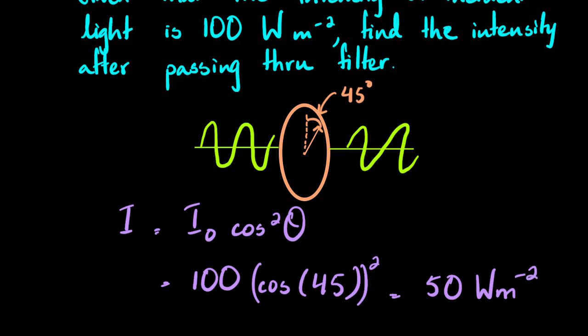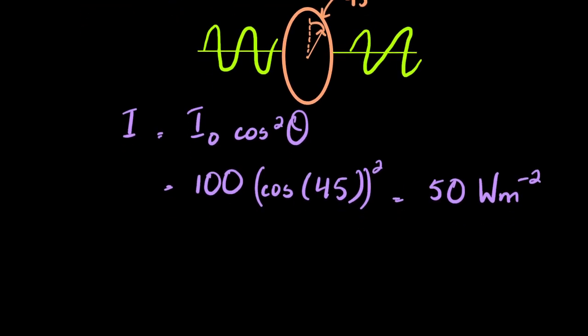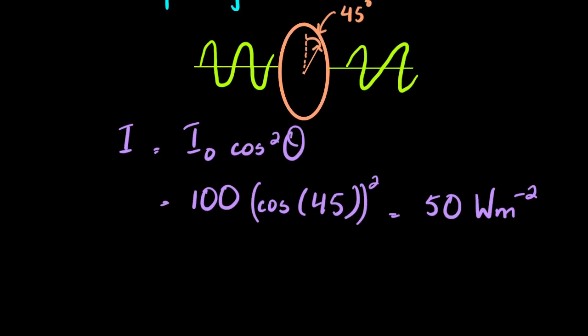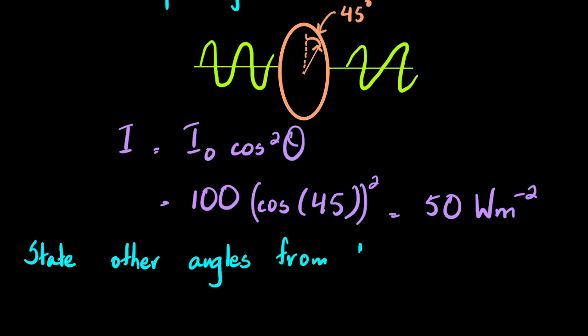Now let's say the second part of the question says: state other angles from the vertical where the intensity is the same as you calculated.